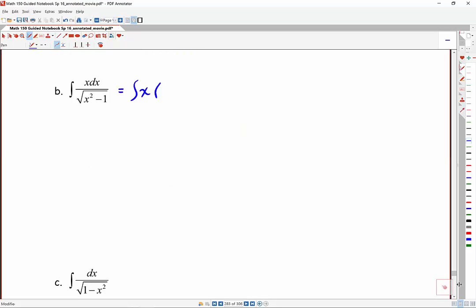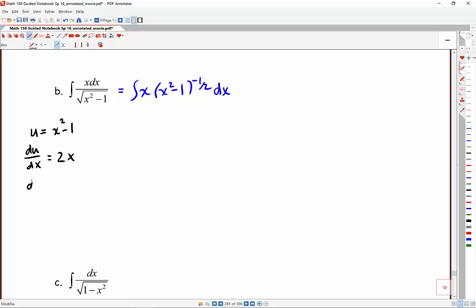Then this would be x squared minus 1 to the negative 1/2 dx. So what do you think we should do with this guy? Beautiful. If we just try a u sub and let u equal x squared minus 1, du dx would be 2x.